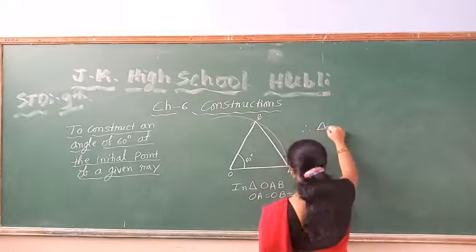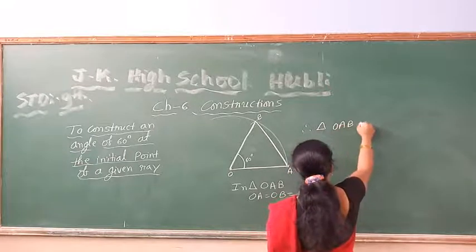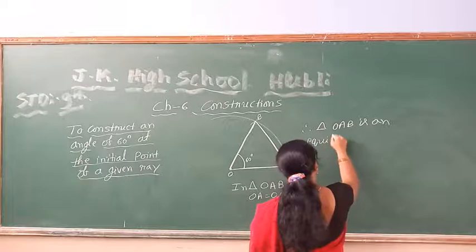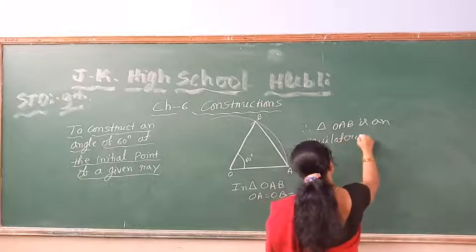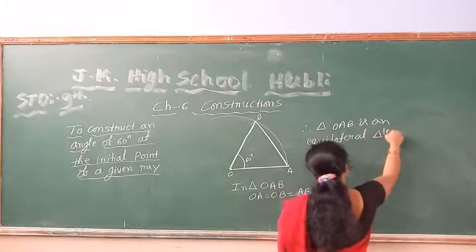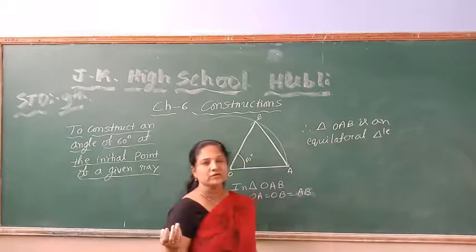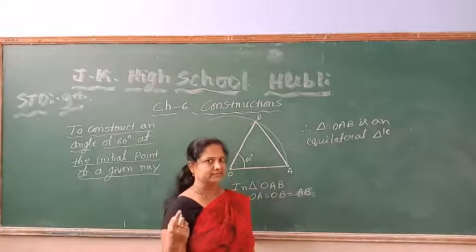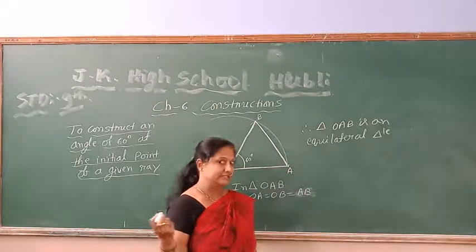Then triangle OAB is an equilateral triangle. In an equilateral triangle, we know all the three angles are equal. So in an equilateral triangle, all the three angles are equal. That is 60 degrees.